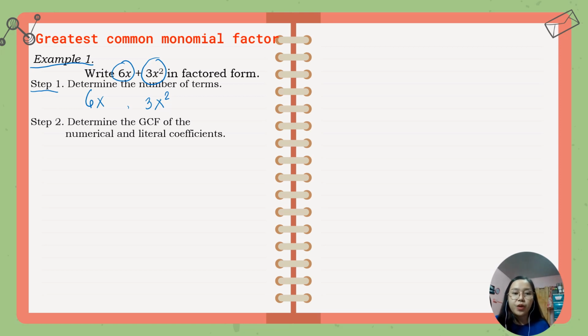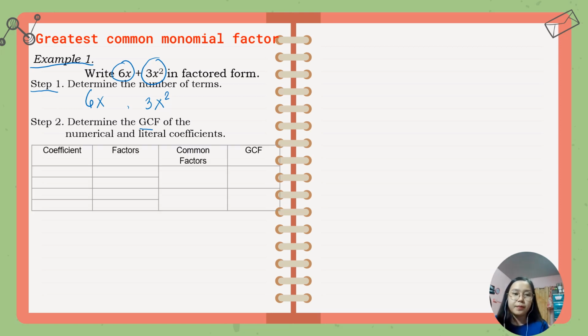Step 2: Determine the GCF of the numerical and the literal coefficient. We need to have this table consisting of coefficient, factors, common factors, and GCF. So, coefficient. Numerical coefficient muna tayo: 6 tsaka 3. Then, x tsaka x squared.